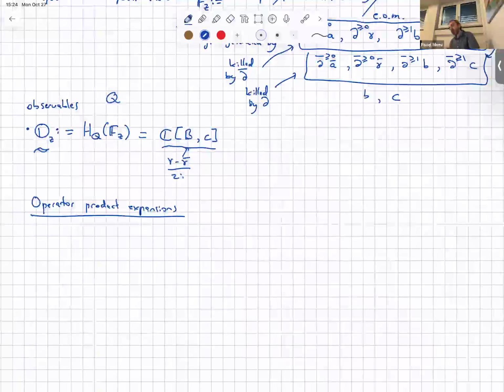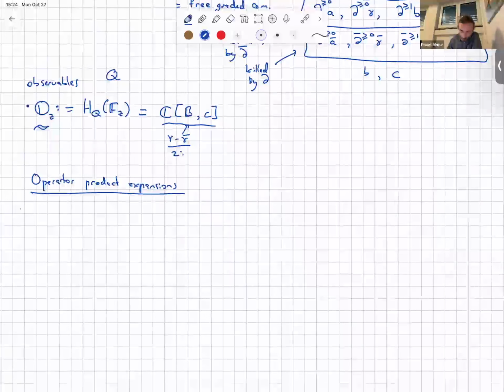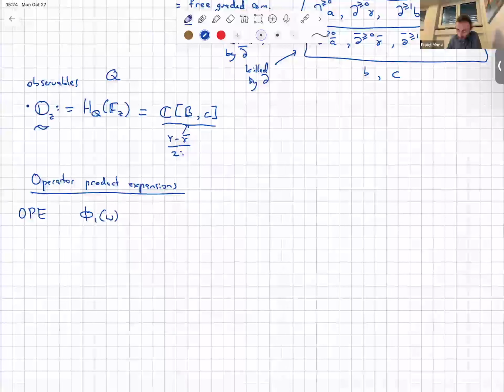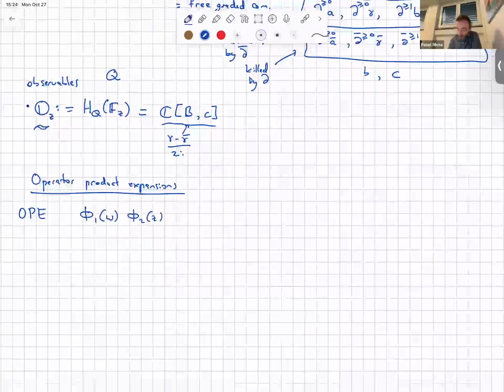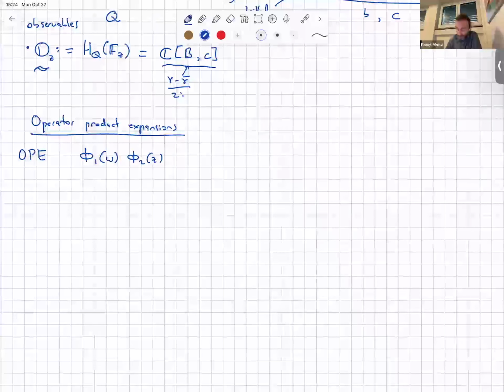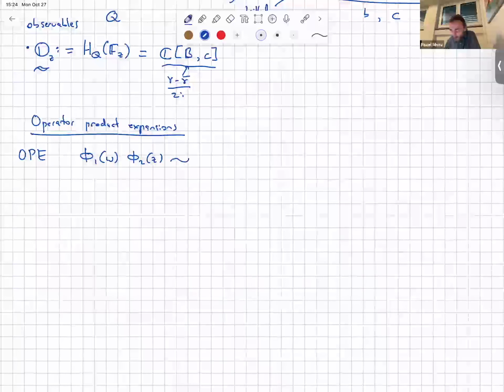So an operator product expansion is an expression of the following type: if you have two fields, one at a point W and another at a point Z, and you imagine that this point W is very close to the point Z, then you want to be able to replace under the correlator this pair of fields with some sort of linear combination of single fields at one of the two points, either Z or W.